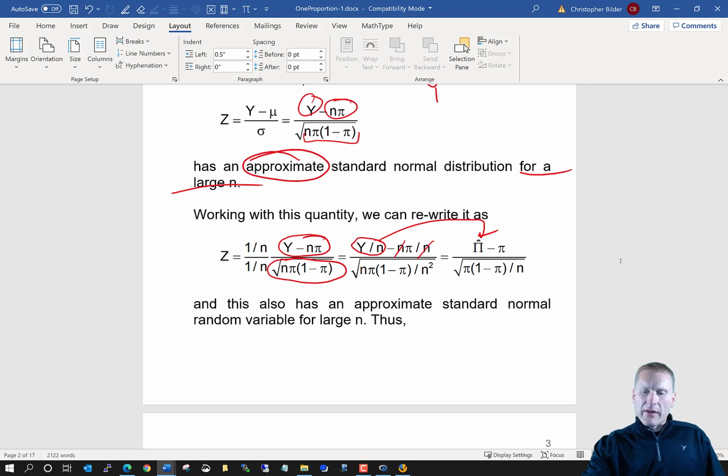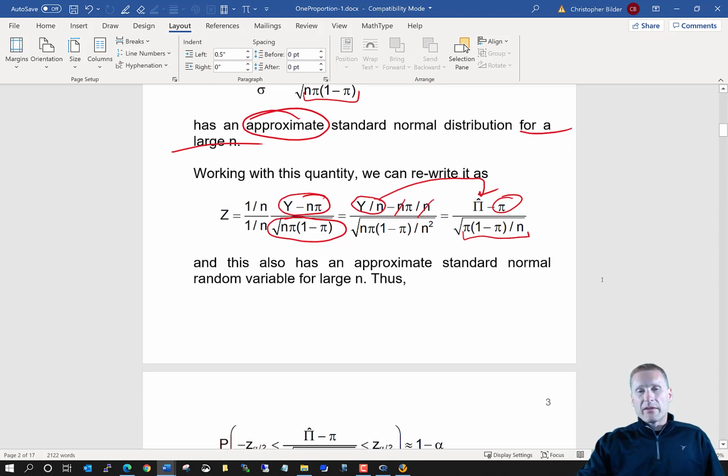Those n's cross out, and now we just have pi itself. And then the denominator becomes the square root of pi times 1 minus pi divided by n. Since we're dividing both numerator and denominator by n, this still has a standard normal distribution associated with it. Essentially what we did was multiply by 1.